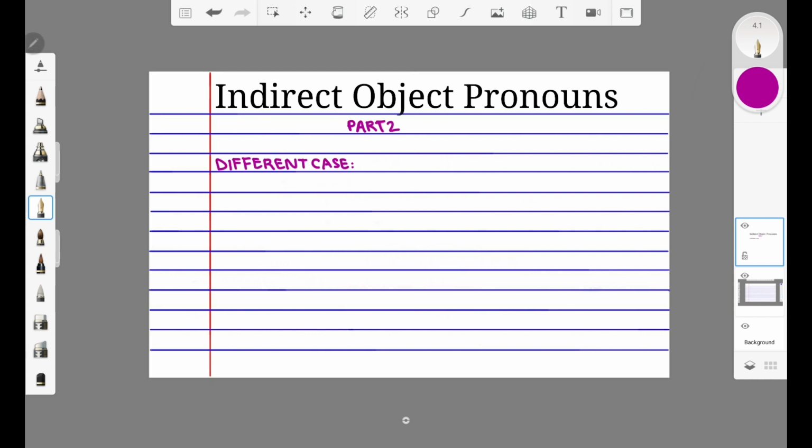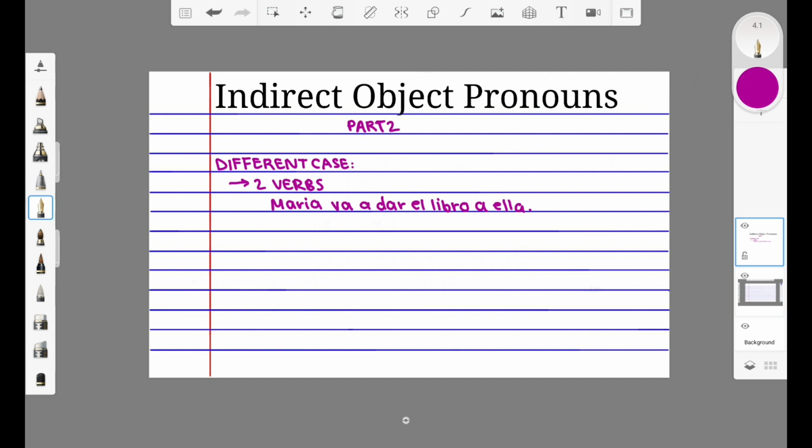And just like in DOPs, there are different cases. When we talk about two verbs, it's basically the same idea as it was in direct object pronouns, but let's go over that again. For example, if we added another verb to the example that we keep going back to, and we put the verb va from ir, which means to go.